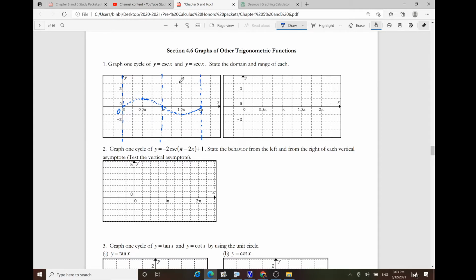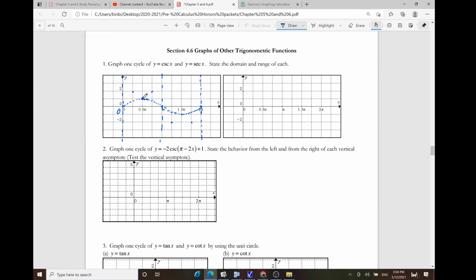And then here, we just want to make the parabola. Another thing is that half of the distance from 0 to pi over 2 is pi over 4. So cosecant of pi over 4, right here, will be the square root of 2, and symmetrically down here, negative square root of 2.